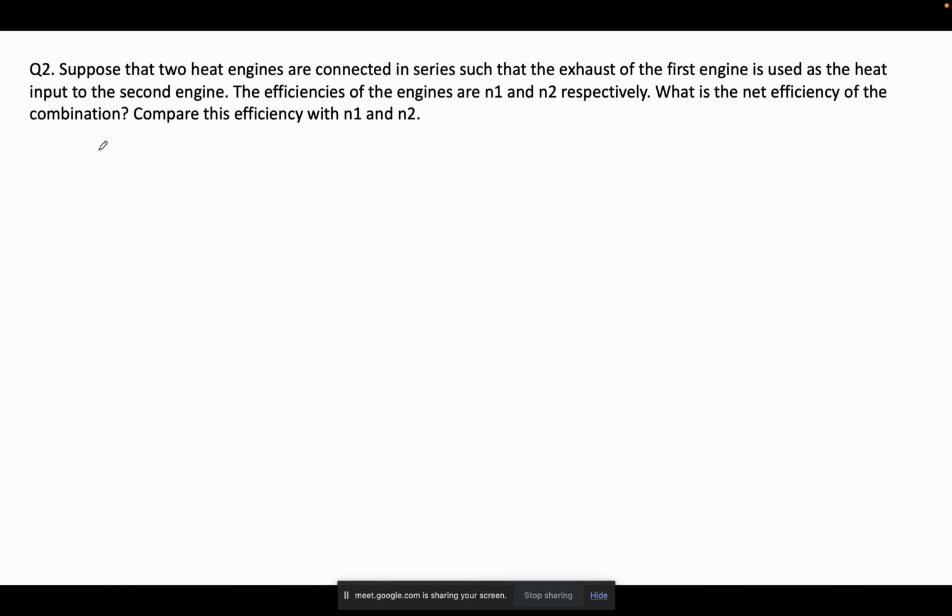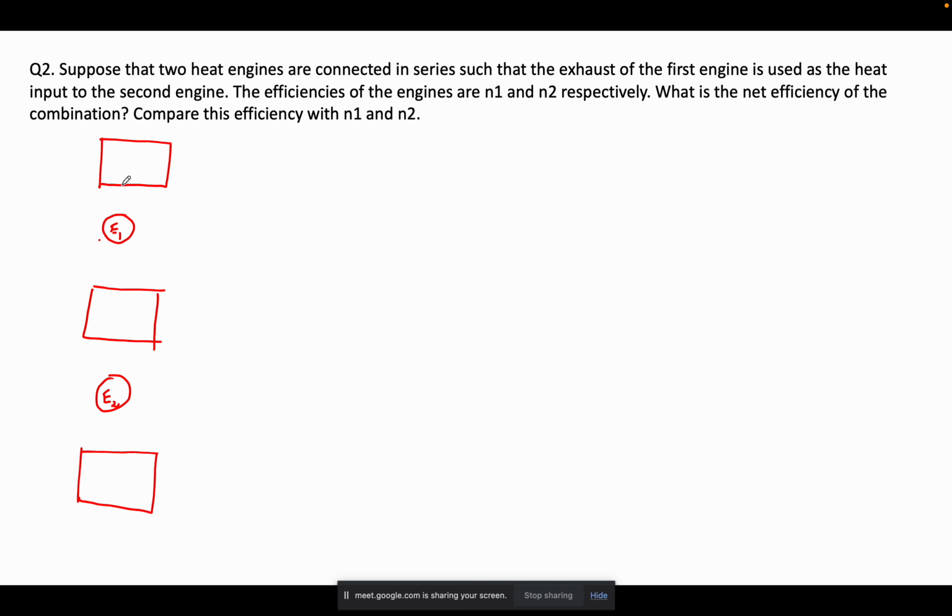So you have two heat engines. This is one heat engine, this is another heat engine.